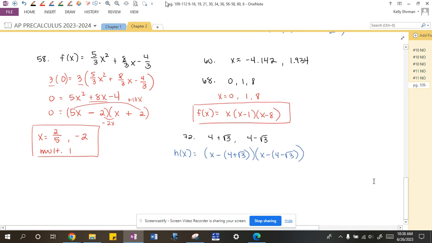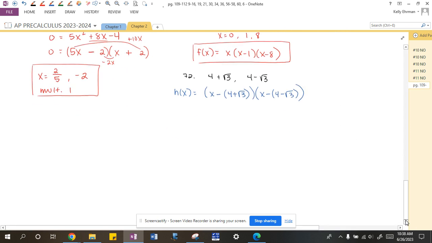All right, and then I don't like having negatives in parentheses, so let's clean that up a bit. X minus 4 minus radical 3, x minus 4 plus radical 3. Isn't that what I would have just had if I didn't use parentheses?